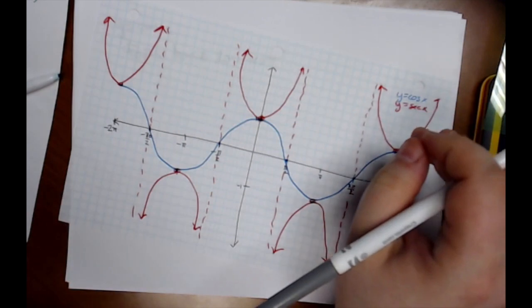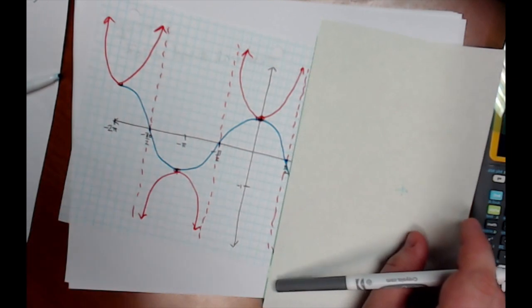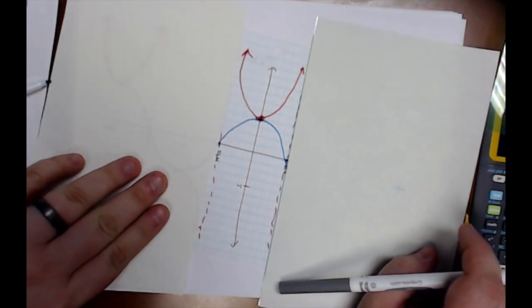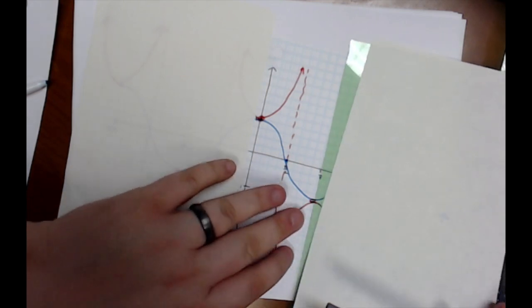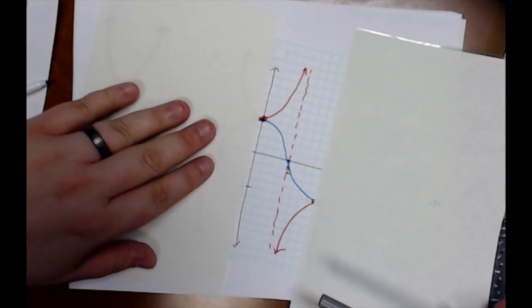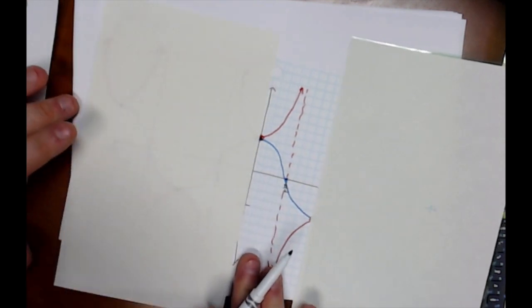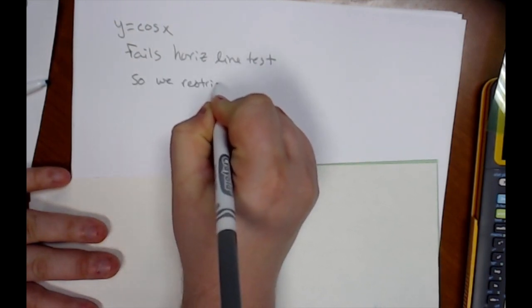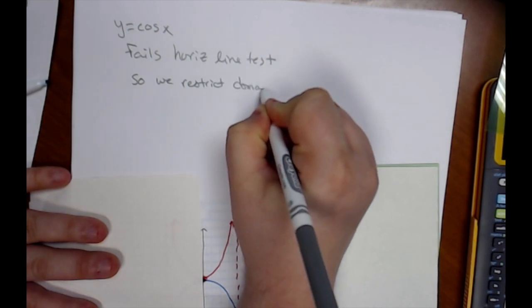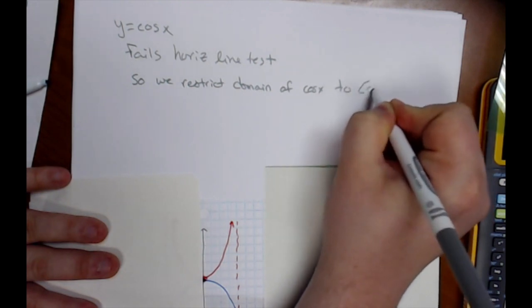Now we'll restrict our domain, but whereas before we restricted it to negative pi over 2 to pi over 2 for sine, notice it still fails the horizontal line test. So what we'll do instead is restrict it from 0 to pi. Notice now, from 0 to pi, it passes the horizontal line test. So we restrict the domain of cosine to 0 to pi.